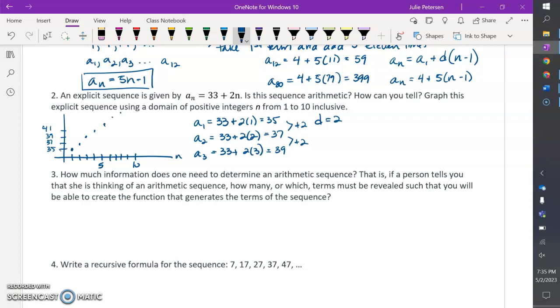So the first term's 35, and 37, 39, 41, and on and on. So once we do all these terms, if I'd scaled this better, we'd see that sort of linear pattern. And you can see how that looks like it's got that constant common difference, or like a constant rate of change. And so yes, we can see that this is arithmetic, because when we look at it graphically, it looks linear, or we have a common difference of 2.